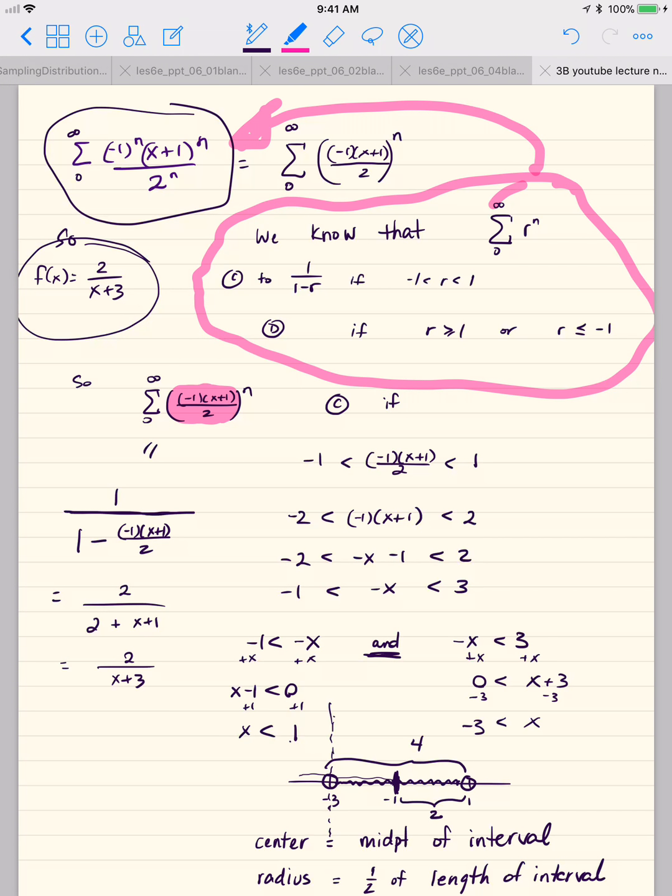So we can piggyback off of the knowledge that we have of geometric series in general to give us information about the interval of convergence and the radius of convergence for a geometric power series. All right, that's it.